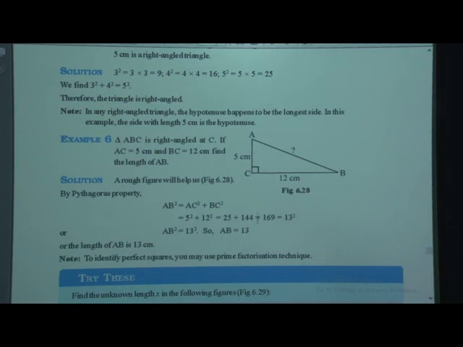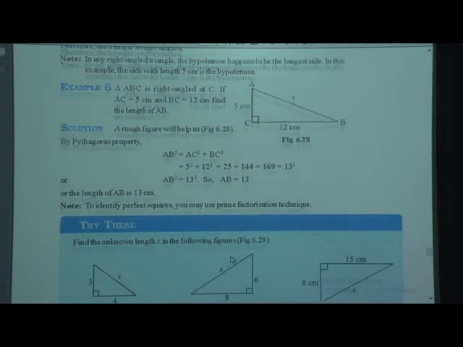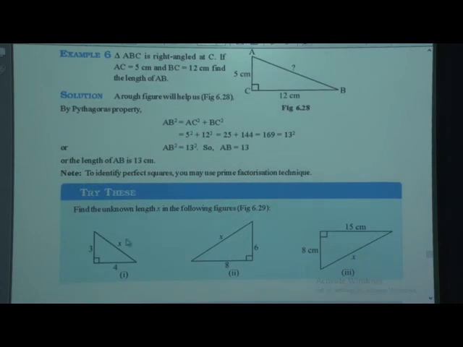So if you don't know what will be the square root of 169, you can use the prime factorization method. Here are some examples, where one side is given as 3 centimeter or 3 units, 4 units, and we have to find out the hypotenuse. Here also 2 sides are given, and again we have to find out the hypotenuse. Here also 2 sides are given, again we have to find out the hypotenuse.